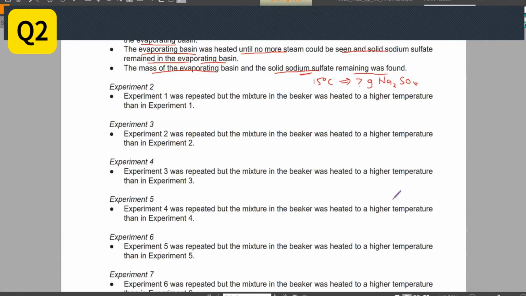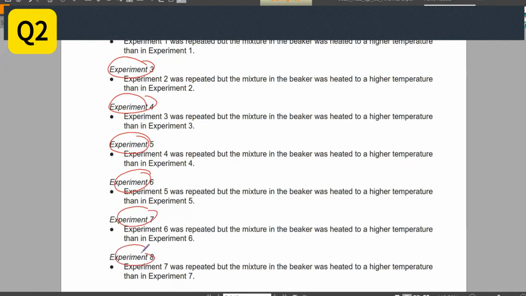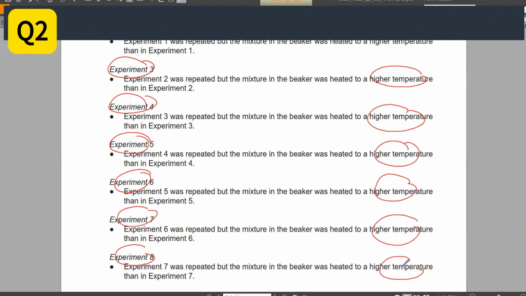And then experiment 2, 3, 4, 5, 6, 7, and 8. We are doing exactly the same thing, except with higher temperature. So all we are changing in this experiment will be the temperature.